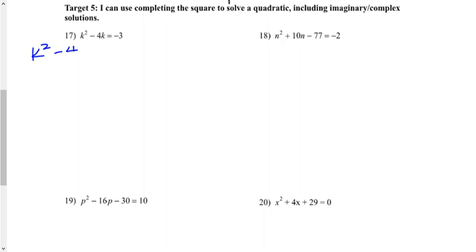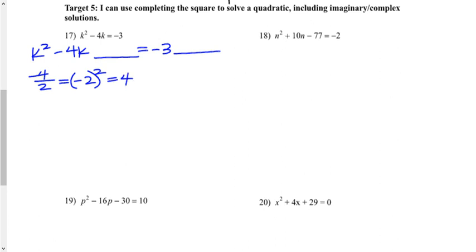k squared minus 4k, leave some space, equals negative 3, and I need space over there as well. So now I take my b value, which is negative 4, and I divide it by 2. That gives me negative 2. Then I square it to give me 4, and that's what I'm adding here and here.